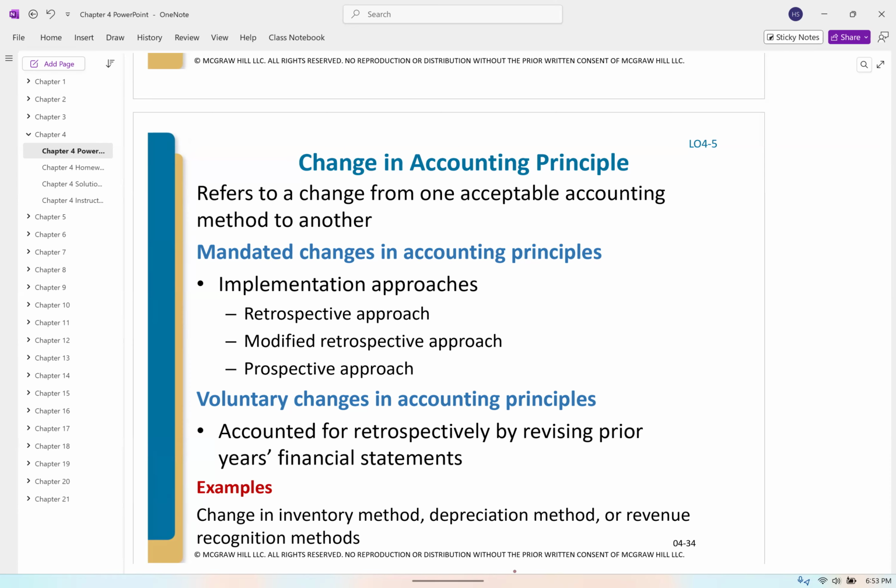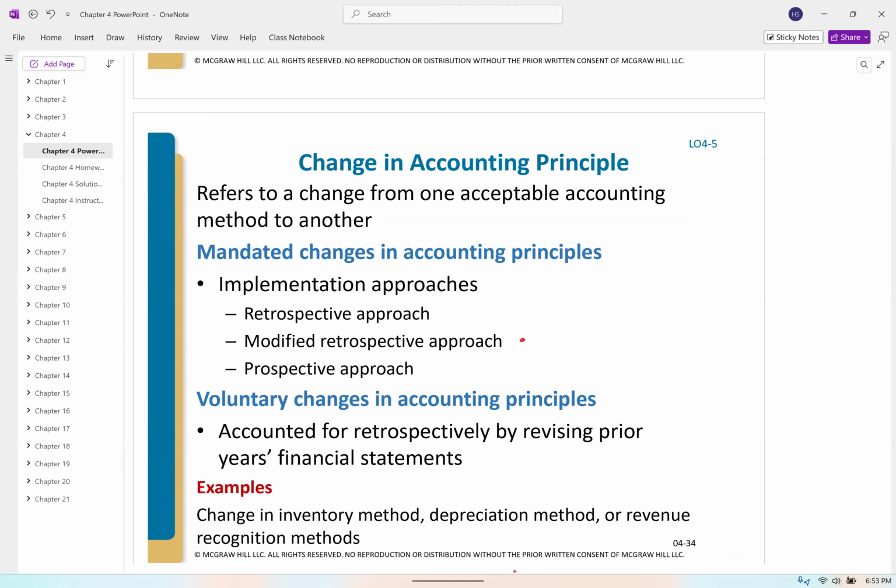Modified retrospective just means that we are going to take one big cumulative hit on the current year's financial statements, and then we will go forward from that point. Prospectively goes forward only.